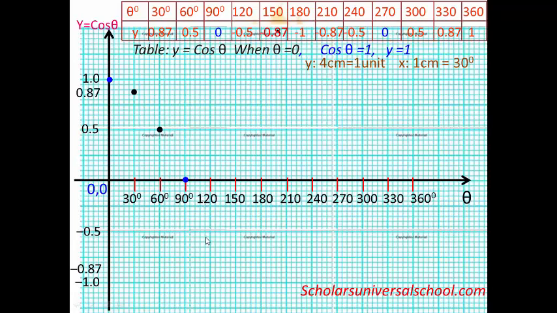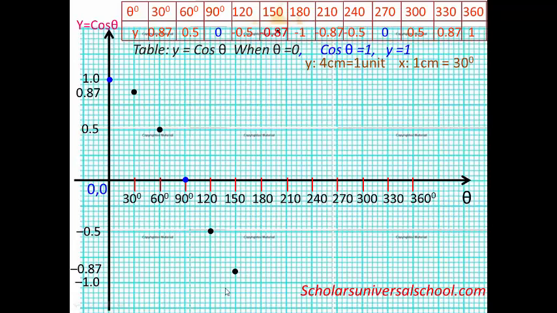And for 120 degrees it is minus 0.5. So we have plotted the value for 120 degrees here. We know cos 120 degrees will give us minus 0.5.